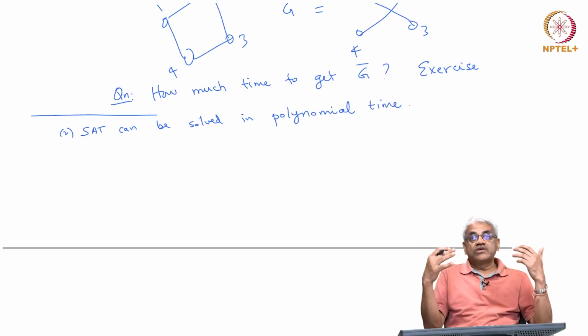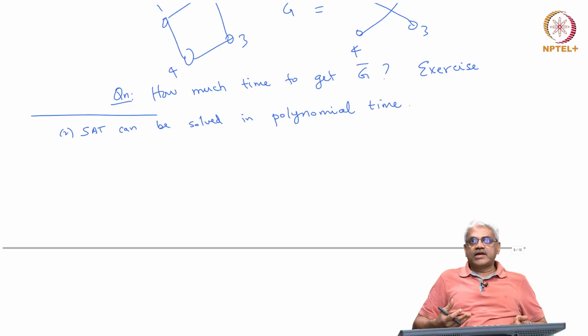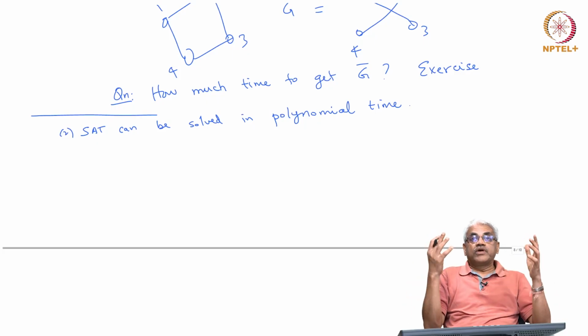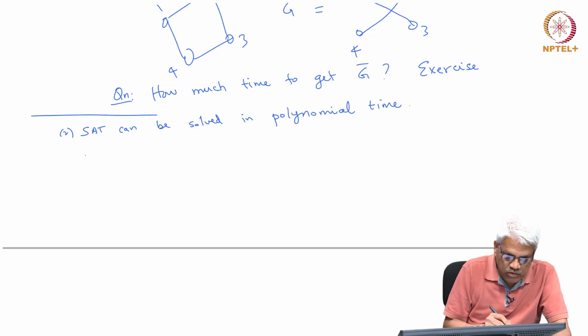This is interesting because SAT is a problem in some sort of logic, whereas CLIQUE is a problem in graphs, but somehow a CLIQUE algorithm can be used to solve SAT in polynomial time. Let us see how.